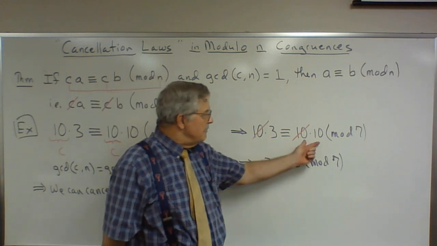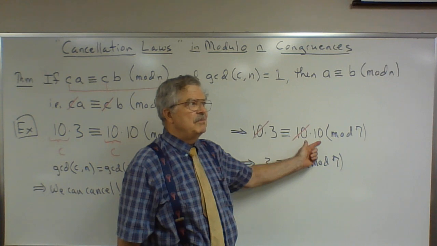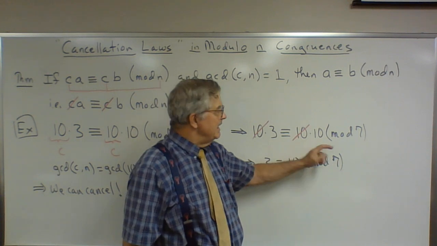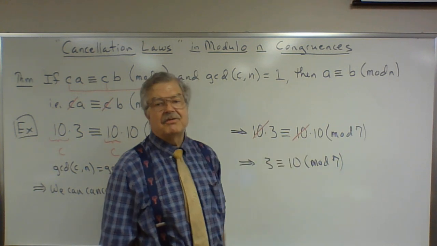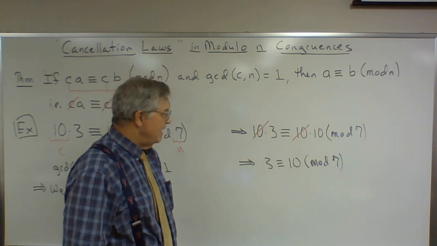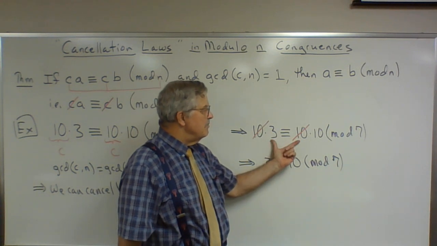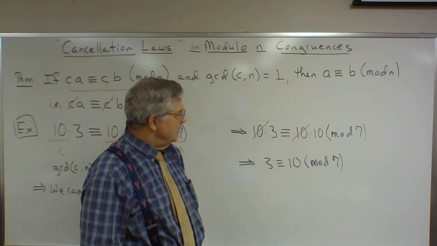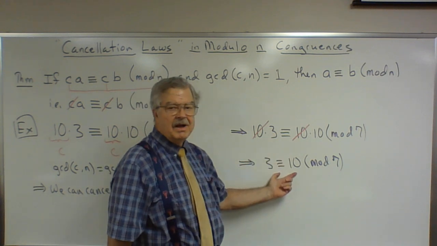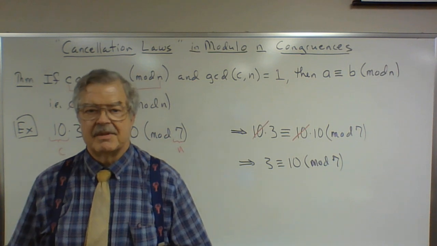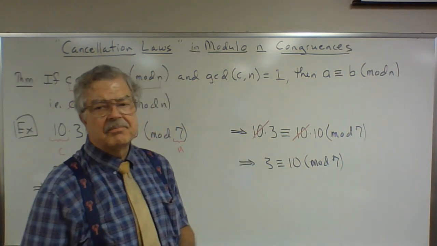And if we divide 100 by 7, we have 14 times 7 is 98, and a remainder 2. When we divide each side by 7, we have a remainder 2. Yep, they're congruent modulo 7. So if we cancel, we're going to get something that's congruent modulo 7. We could have done this without canceling.